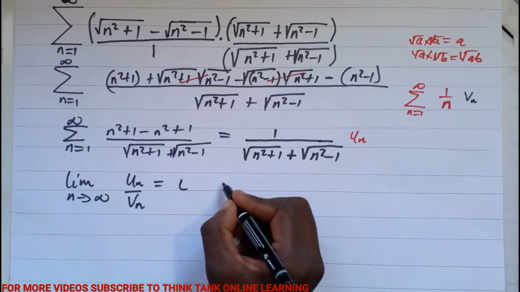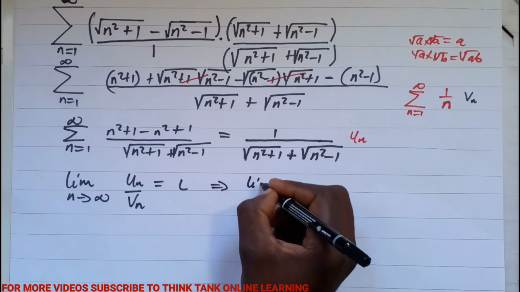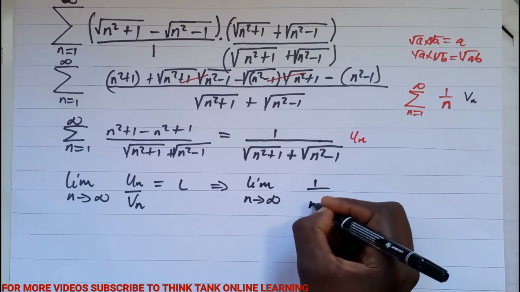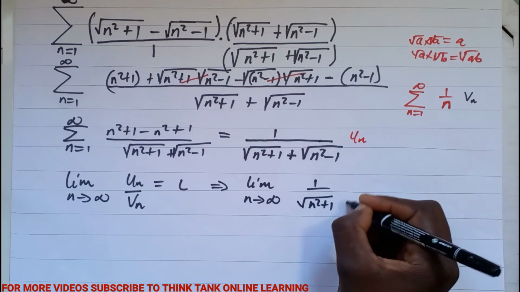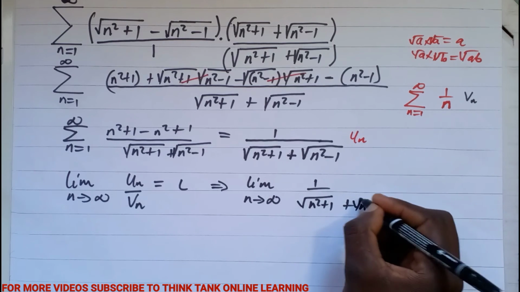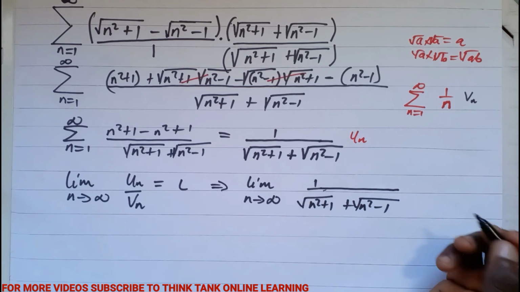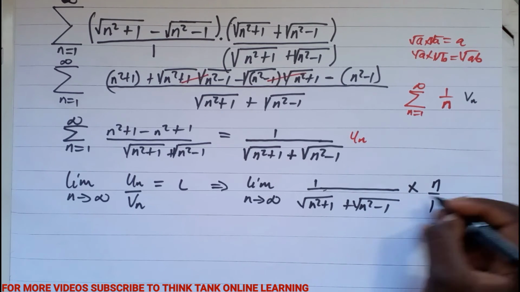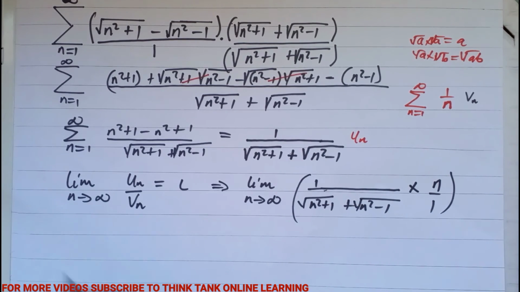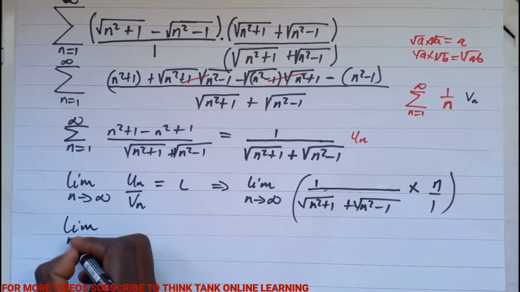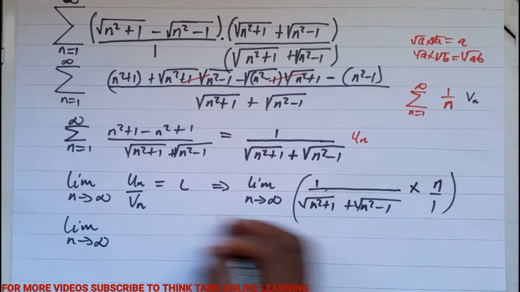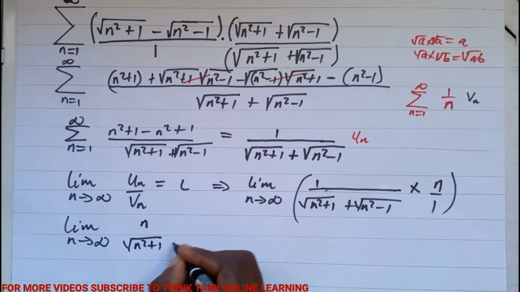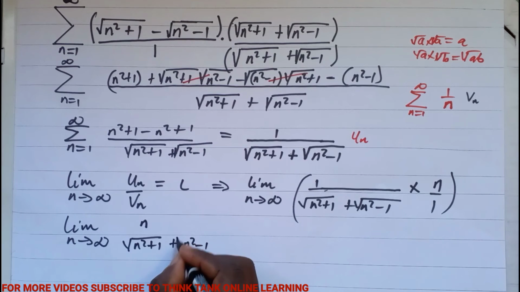That means we're going to get the limit as n approaches infinity of 1 over square root of n squared plus 1 plus square root of n squared minus 1, divided by 1 over n, so I'm going to multiply, then the numerator becomes the denominator, n over 1. So the limit as n approaches infinity of n over square root of n squared plus 1 plus square root of n squared minus 1.